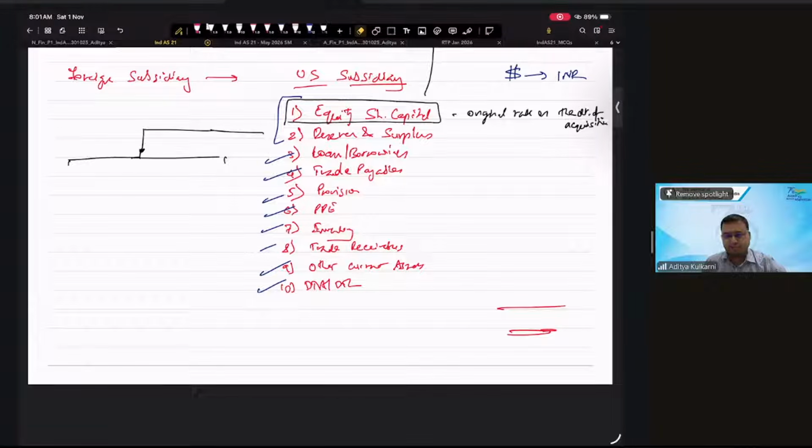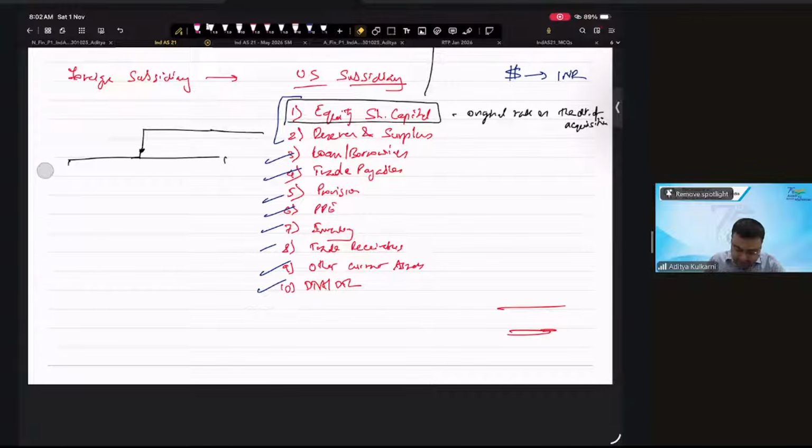This is possible. Now, if you are purchasing a stake of an already incorporated entity, that entity will have reserves and surplus, whether loss or profit, it will have a reserve and surplus balance.